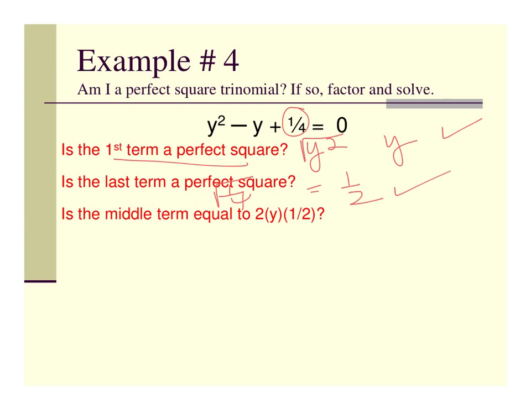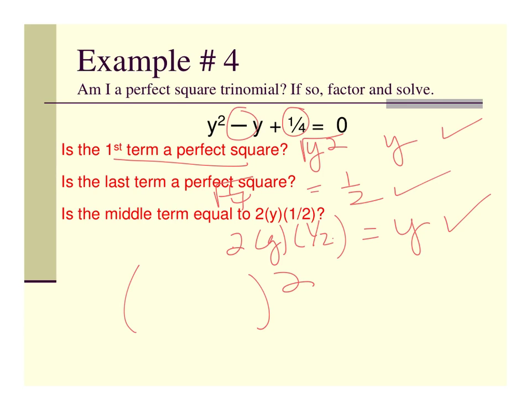And is the middle term equal to 2 times the square root of the first times the square root of the last? 2 times 1/2 is 1, so the middle term is just y. So the answer is yes. So it factors into the quantity squared, with a minus sign between them, the square root of the first term, which is y, and the square root of the last term, which is 1/2. So it is just the quantity y minus 1/2 squared.